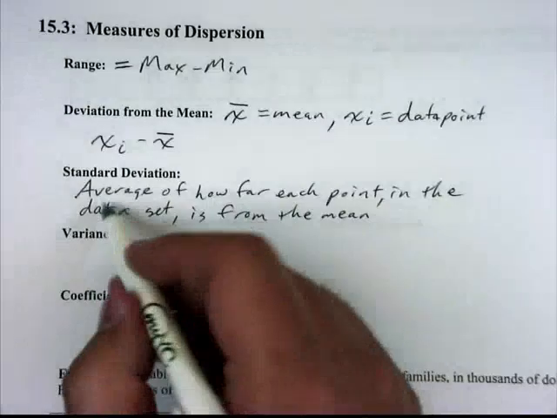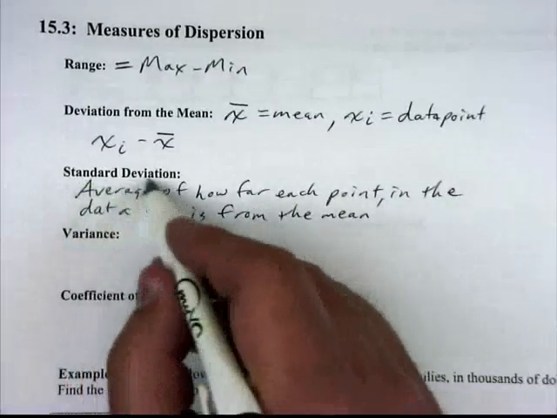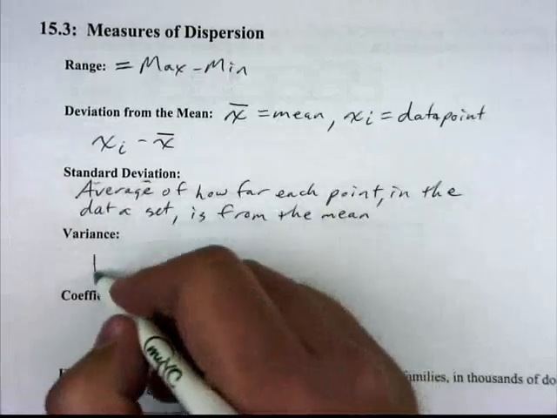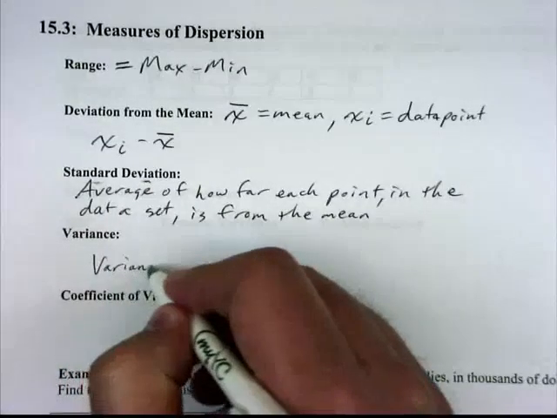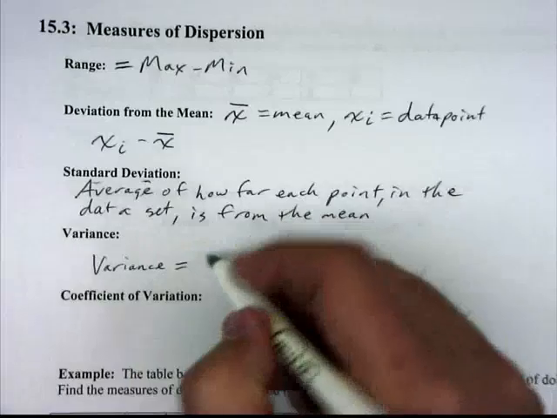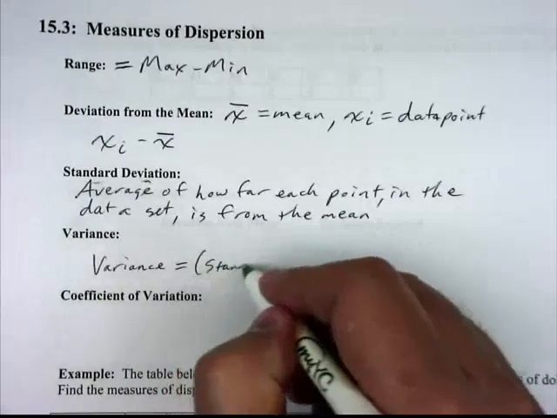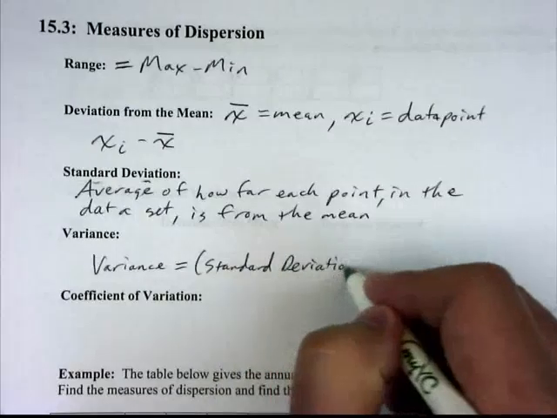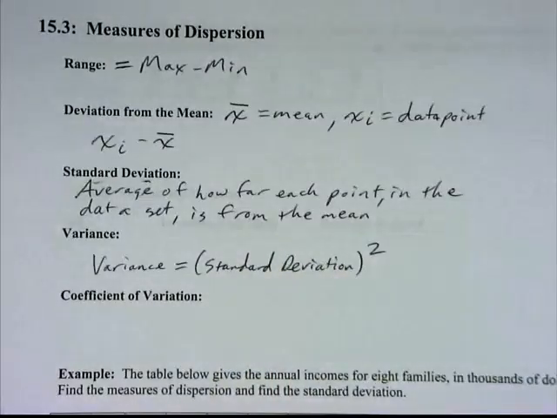The variance is really just something that goes along with the standard deviation. And the easiest way to say the variance for our purposes is that it's the standard deviation squared. Alrighty?